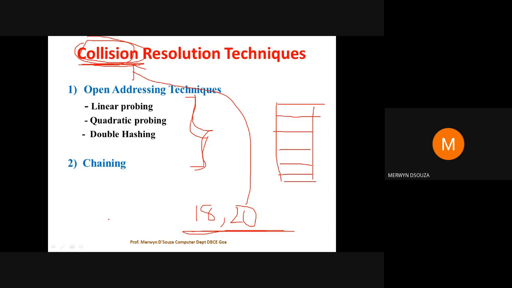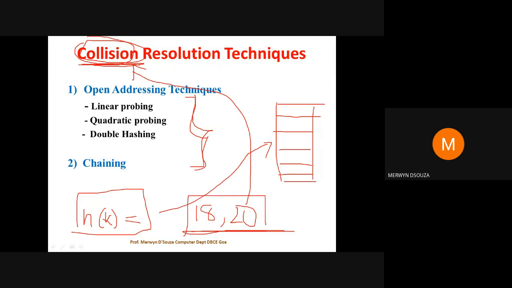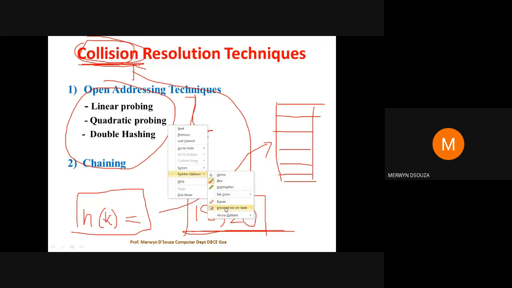Otherwise, you use the normal hash function that has been given to you to do the insertion. But when a collision happens, then you use these methods. I hope I made myself clear.